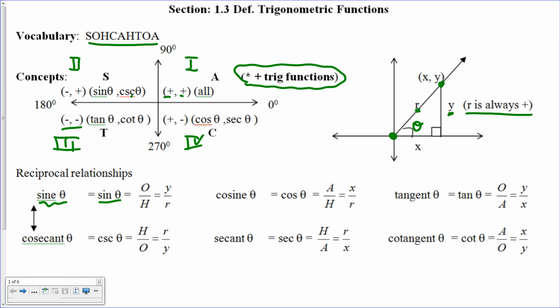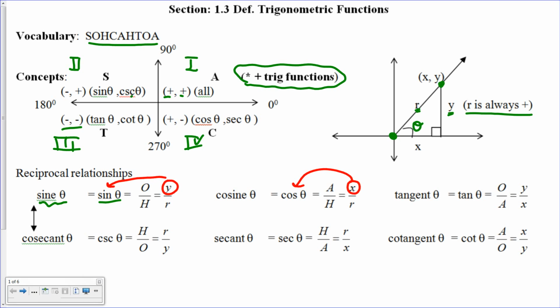Tangent, O over A, Y over X. What you have to remember, memorize at this point, is that your Y's go with your sine, and your X's go with your cosine. Commit that to memory. R's remain the same. You just want to remember that so you don't have to go back to that diagram. And then the tangent would be Y over X.